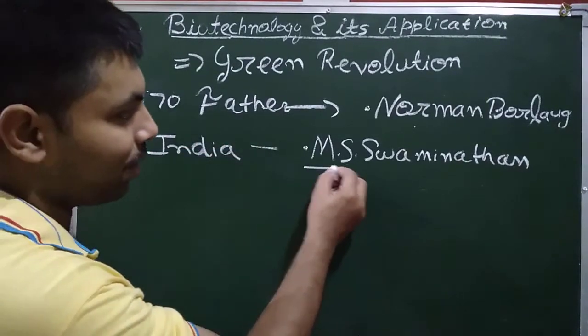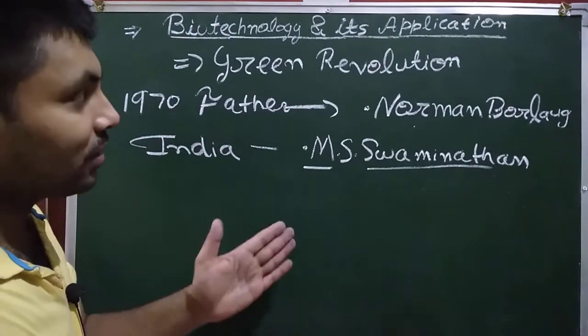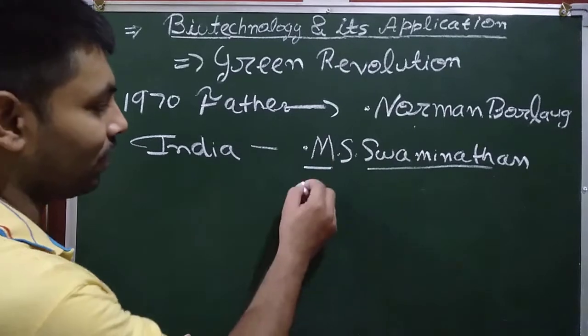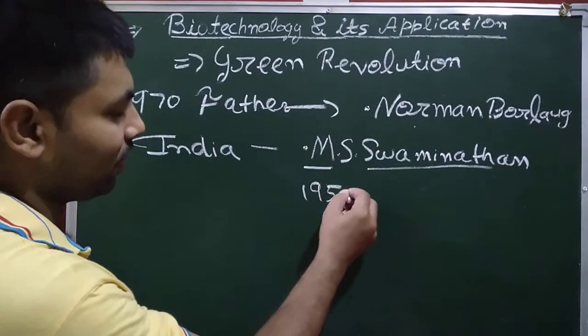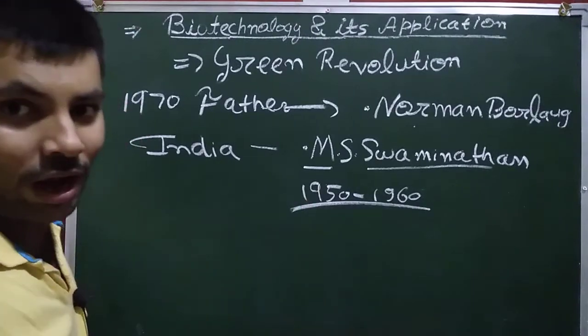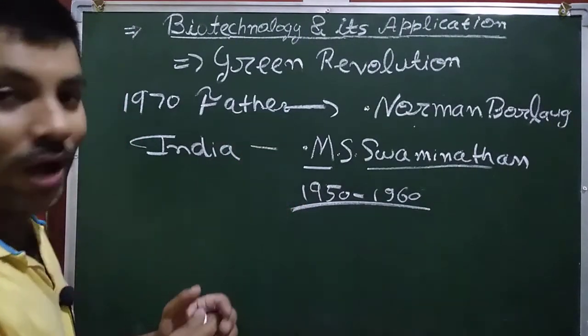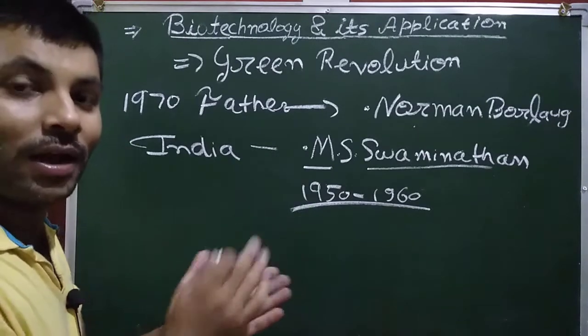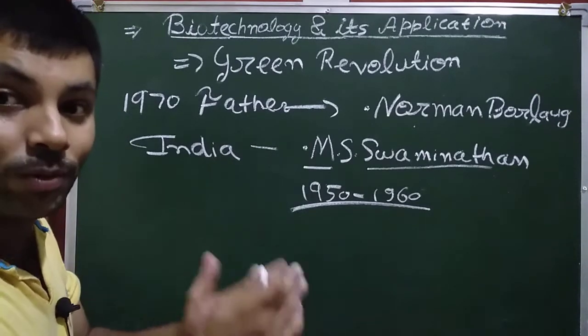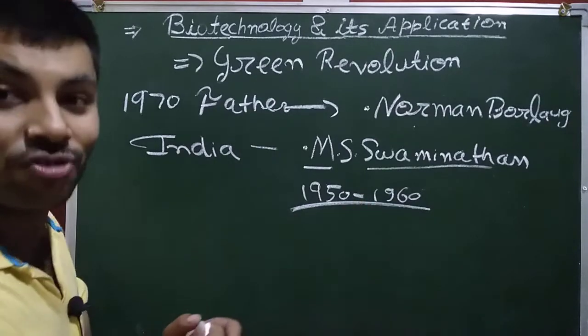It was MS Swaminathan. One main point is that the green revolution started between 1950 and the end of 1960. It is a very important question: who is the father of green revolution, who is the father of green revolution in India, and at what time it was started.